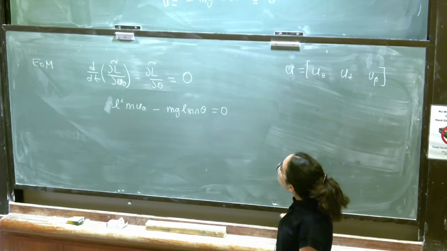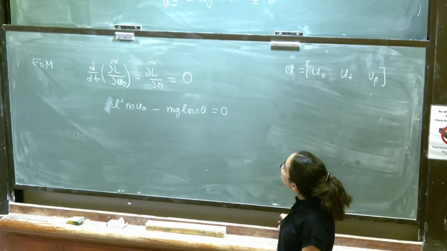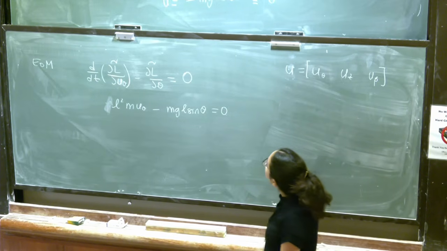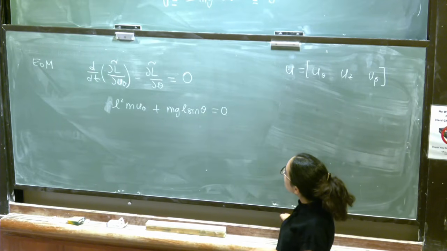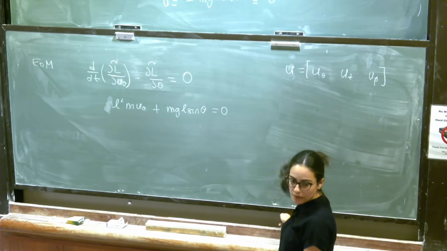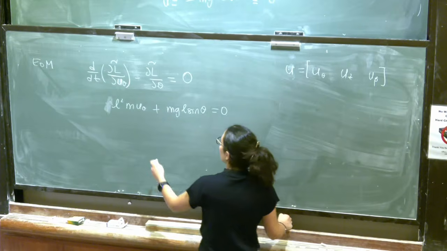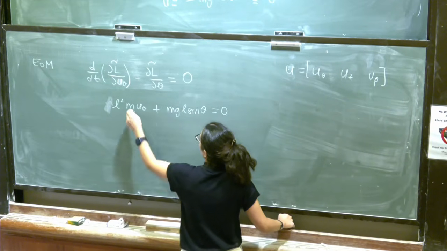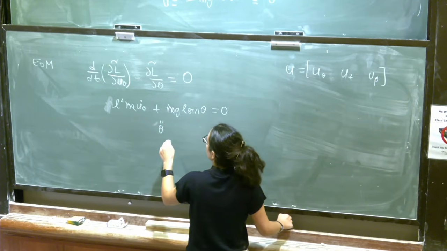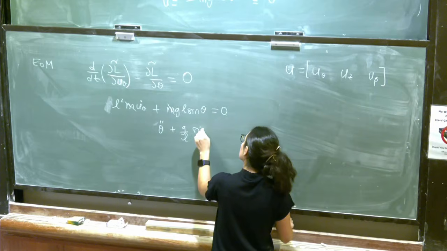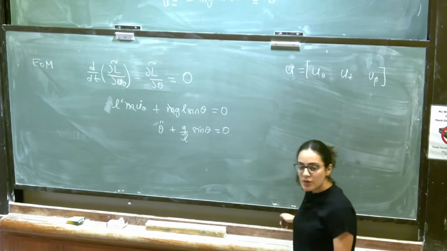It should be a plus. It's because L is T minus U, so I already have a minus, and then a minus outside, minus inside, and the minus cosine theta becomes minus sin theta. I get a plus. It works out. The m cancels out, and I can replace U theta dot by theta double dot, plus g over l sin theta equals 0, which is the equation of motion we know.